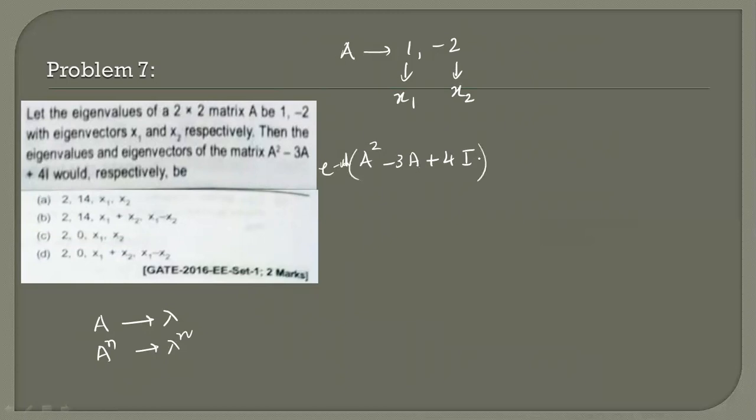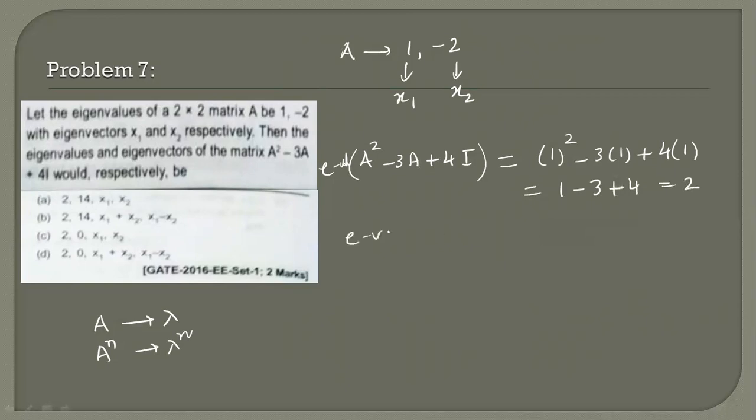Then the eigenvalue of A square minus 3A plus 4I will be: 1 square minus 3 into 1 plus 4 times identity. I have told you this property previously: if the eigenvalue of B is lambda, then that of B plus kI will be lambda plus k. 4 into 1, because the eigenvalue of identity is 1 here. So for 1 you will get 1 minus 3 plus 4, which means 2.